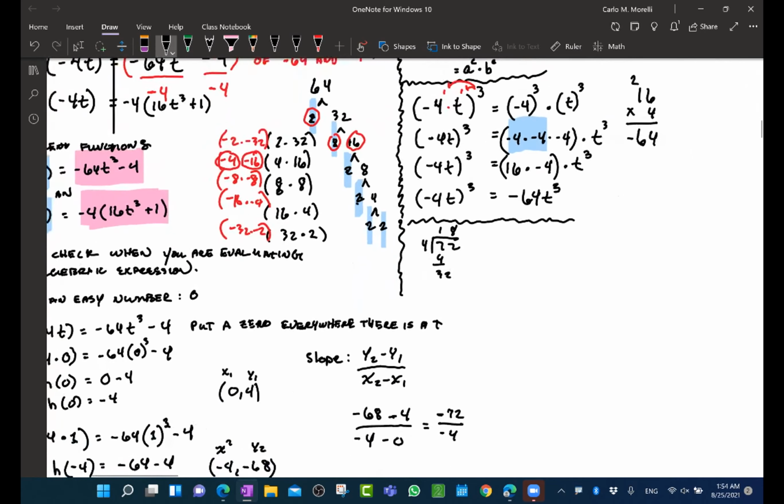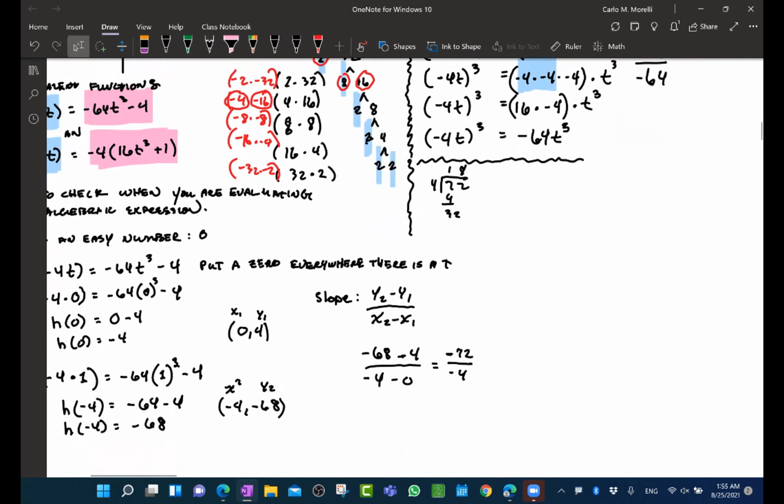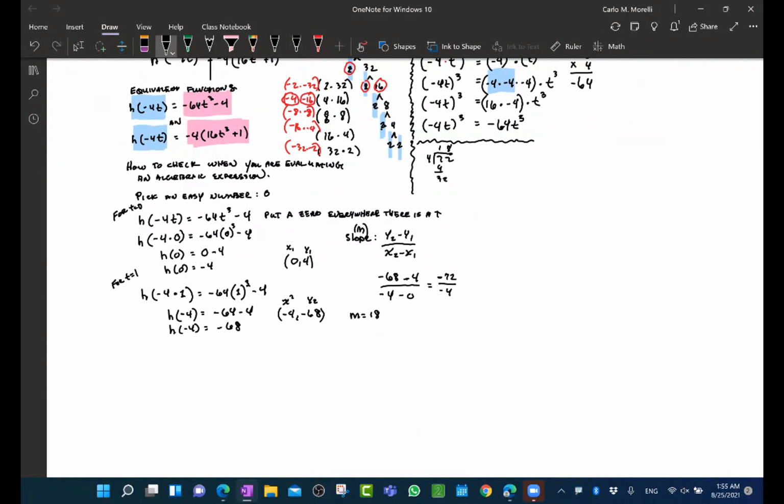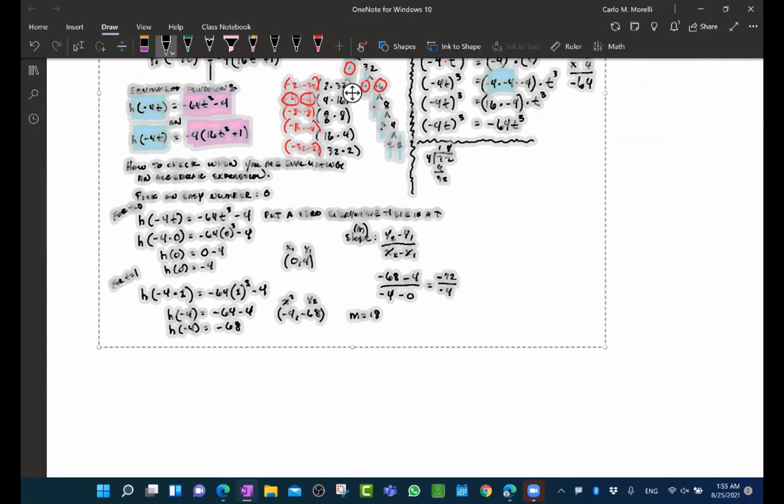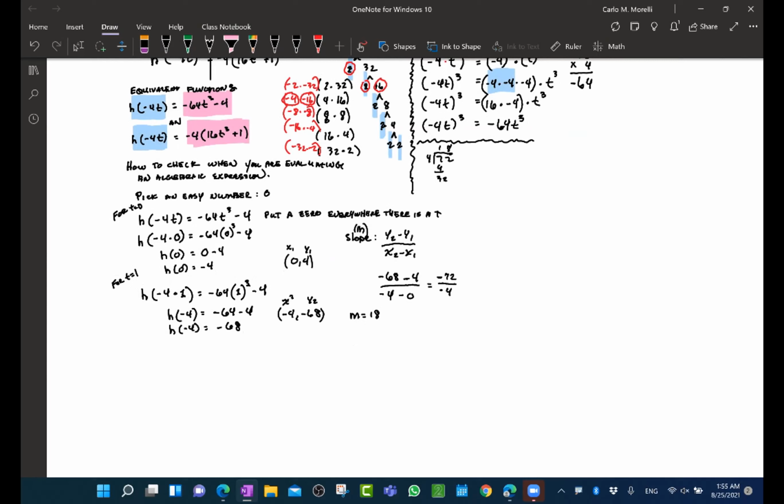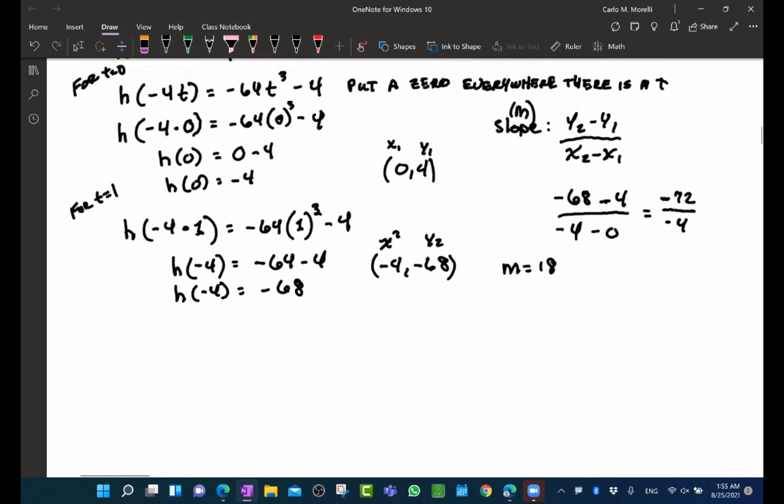So we actually came up with the slope. Remember, slope is m. m equals 18. Now we have the ability to use the point slope form of a line to create a linear equation that we can then test.